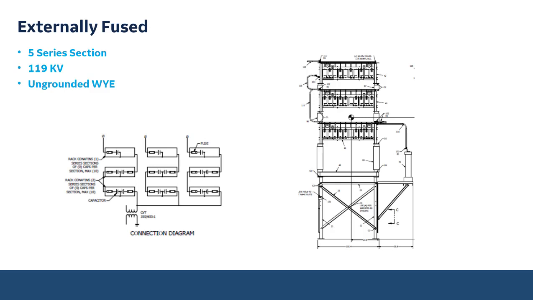You'll also notice on a 119 kV system, you have insulators for that required BIL, and a voltage transformer that monitors the neutrals for that unbalance.